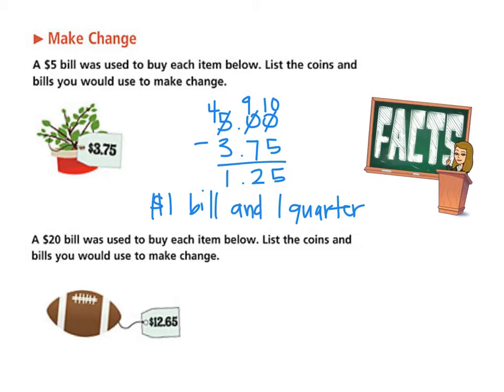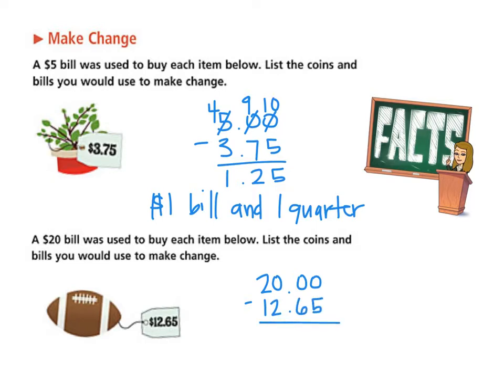So now on this next item, we have a football for $12.65, and we're using a $20 bill to buy it. So once we find the difference, we'll list the coins and bills we would use to make the change. So if I have $20, it would look like 20.00 as a decimal, and I'll subtract the football's cost, which is $12.65.